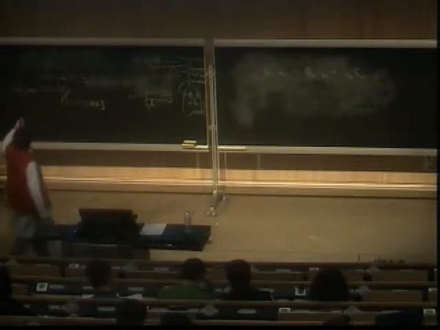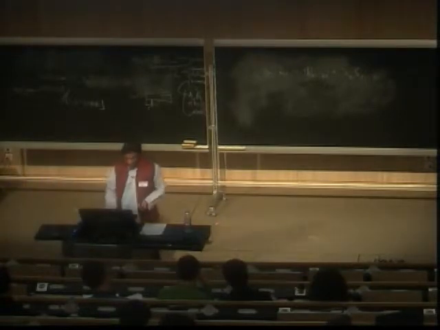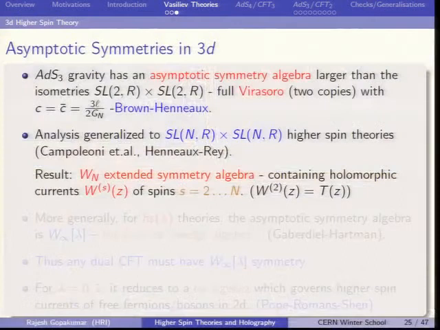So this was the Brown-Henneaux result, and recently this was generalized to the case of these higher spin theories by the Potsdam group of Campoleoni, Fredenhagen, Pfenninger, etc., and also by Henneaux and Rey, who actually looked at HS lambda, but at a special value of lambda.